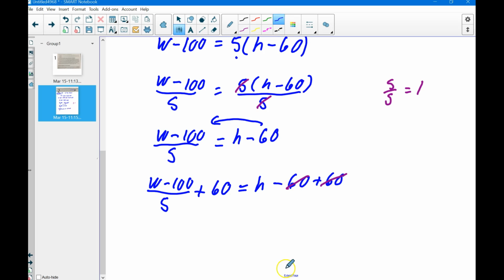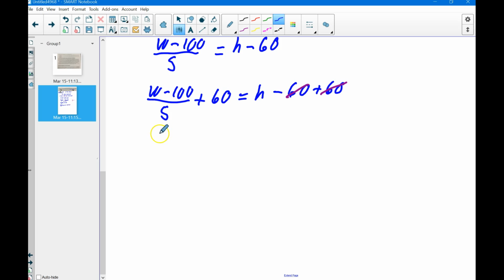What am I left with? I'm left with an equation that looks like this. W minus 100 over 5, plus 60. If you want to, you can tidy that up a little bit and do this.